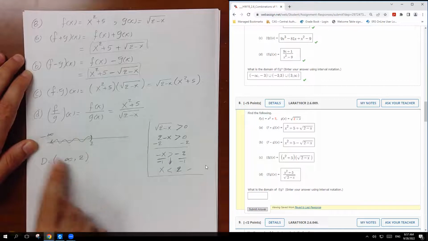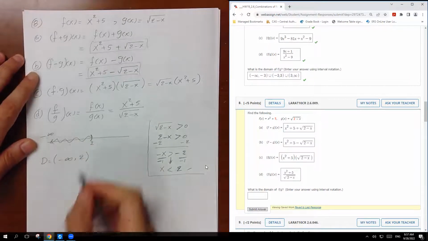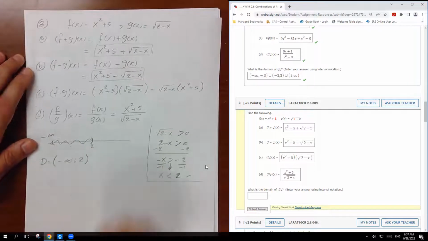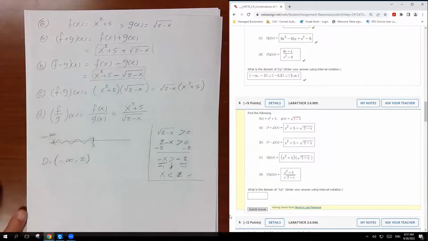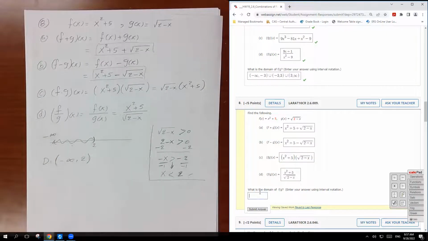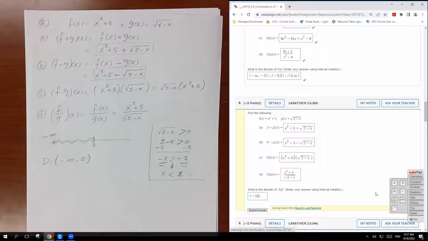So from negative infinity to 2. Both are going to be parentheses. That means the domain here is going to be parentheses, from negative infinity, comma, to 2. And that's it.